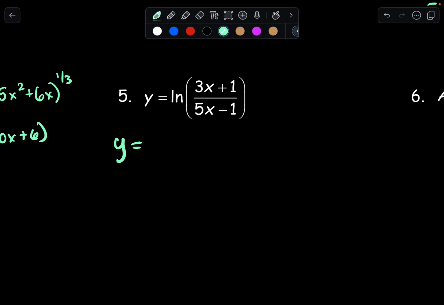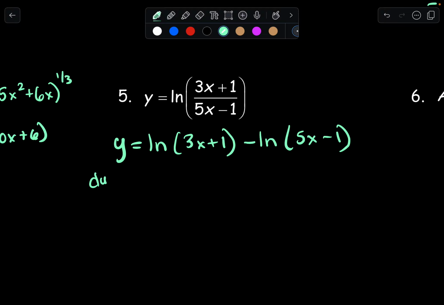So we have y is equal to natural log of 3x plus 1. It's dividing, so we'll do minus natural log of 5x minus 1. So now instead of using the chain rule and the quotient rule, I just have to use the chain rule as far as logarithmic functions.